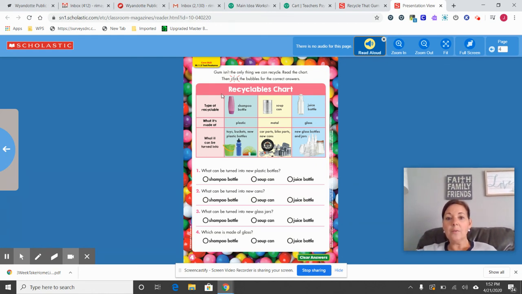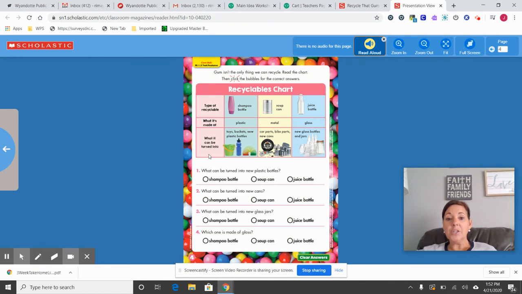So you will see we have a recycle chart. The top line says type of recyclables: a shampoo bottle, a soup can, and a juice bottle. What is it made of? The shampoo bottle is made of plastic. The soup can is made of metal. The juice bottle is made of glass.